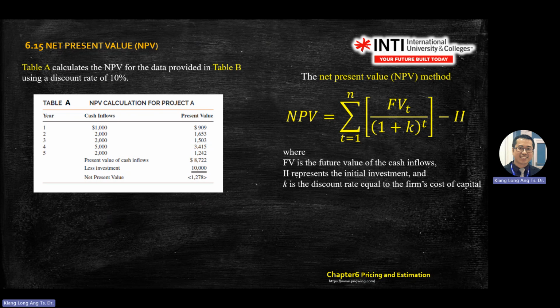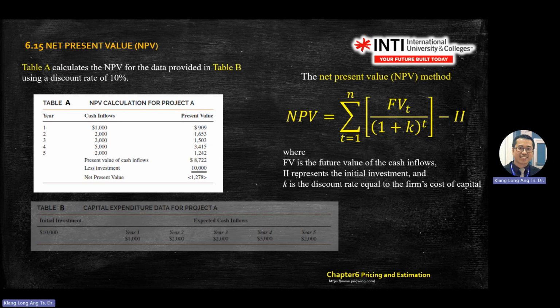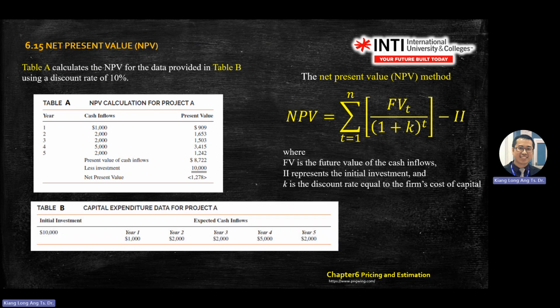In a finance bank statement, if you see this symbol, it means negative value. If you have a negative value, it is not a good sign. Reject the proposal. I mean, your decision is to reject the proposal or not do the investment. You can either see this presentation in the question, then present this as your solution.